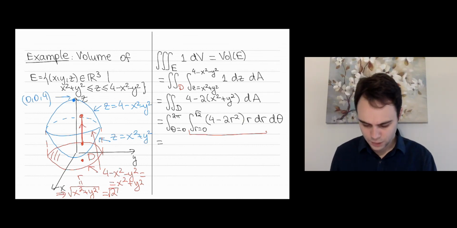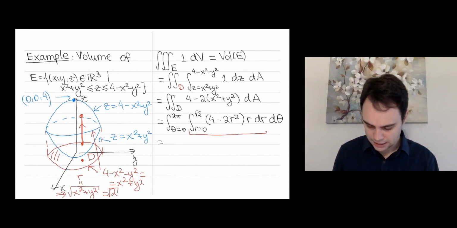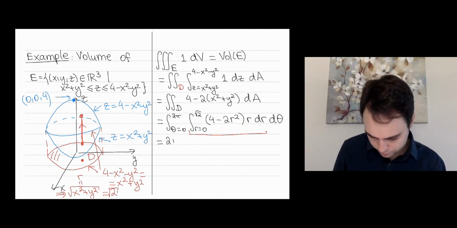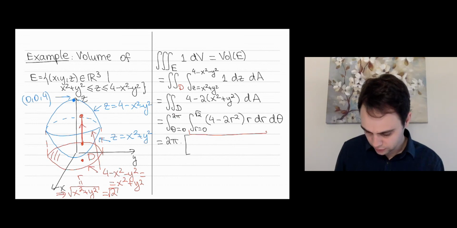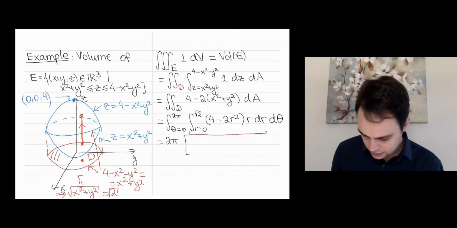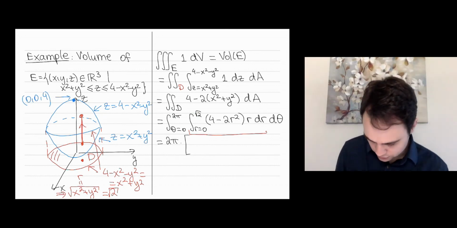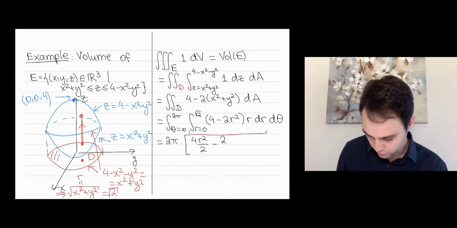So we can pull out this integral, and then the theta integral will just evaluate to 2 pi, multiplied by the integral of the thing inside. So we have the integral of 4r dr. This evaluates to 4 times r squared over 2 minus 2 times r to the 4th over 4, between 0 and root 2.